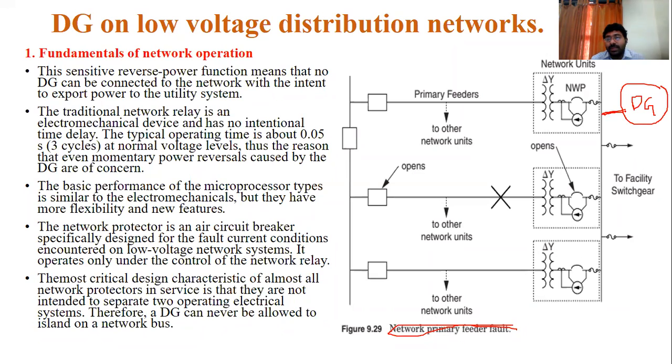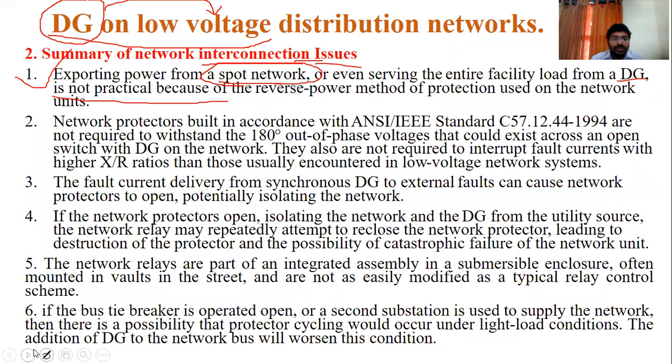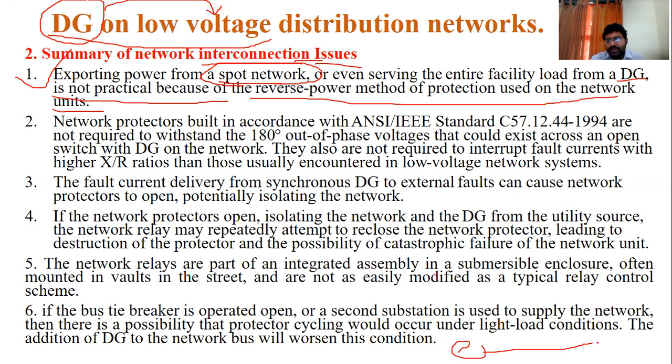It is not possible because of the type of protection we are using, the reverse power method of protection in the networks. What will happen when you add a DG to this feeder? The power flow in that feeder changes, so my relay is operated. The reverse power relay is operated. So practically it is not possible to directly add this DG to the spot network.